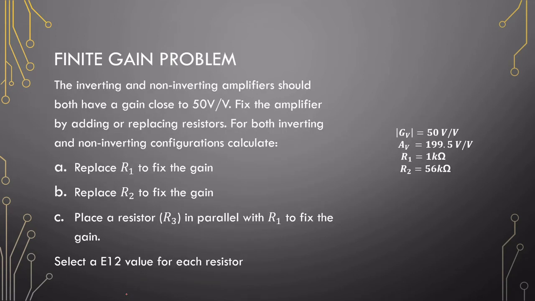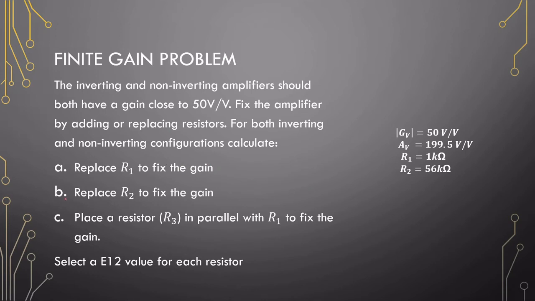Right, so the problem that I want you to pause this video on and go and do is that for the inverting and non-inverting amplifier, you need to calculate the resistors for 50 volts per volts using our finite gain of almost 200 in 3 different scenarios and for both op amp configurations.